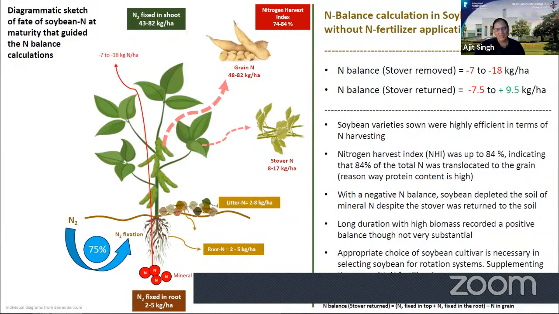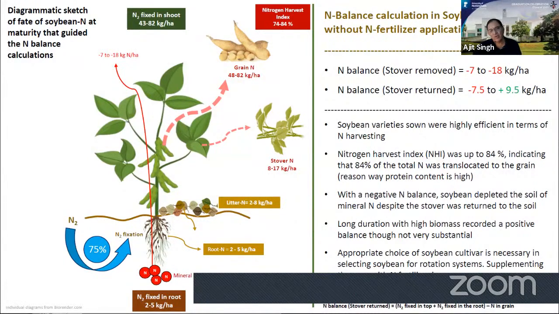Now with this imbalance, we can say that growing soybean in a rotation system is not going to be highly profitable. Certainly we must supplement with N fertilizer to make sure that the subsequent crop grown on this field of soybean will have enough nutrients.